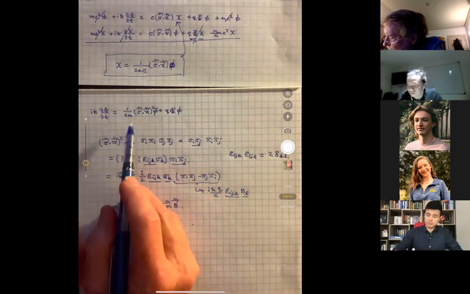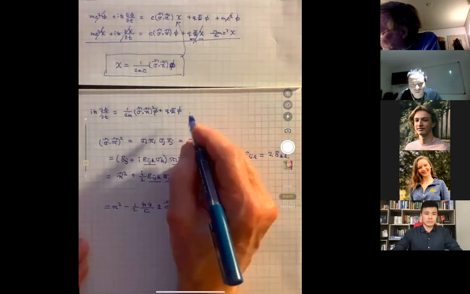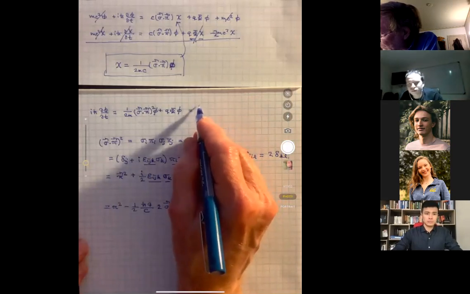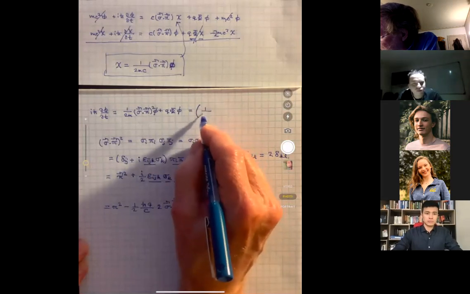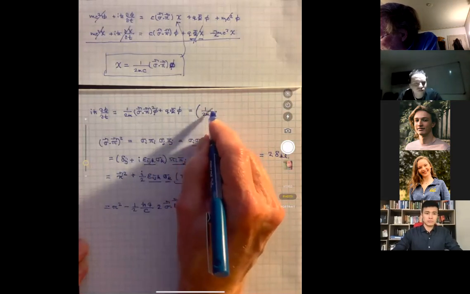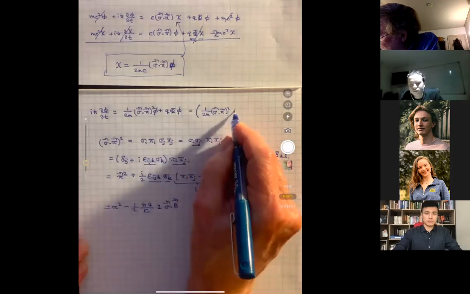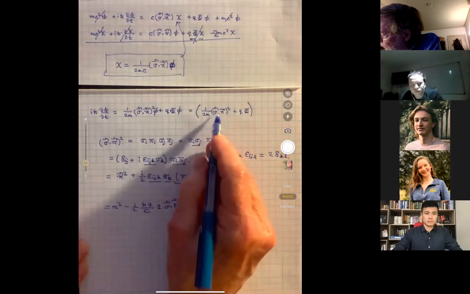Now, in the Hamiltonian, we need (σ·π) squared divided by 2m. It turns out to be a Pauli Hamiltonian, but I haven't shown that. It's the effective Hamiltonian of a 2-component spinor now: 1 over 2m (σ·π) squared plus qΦ. It's this Hamiltonian which I'm working out by doing this commutator.